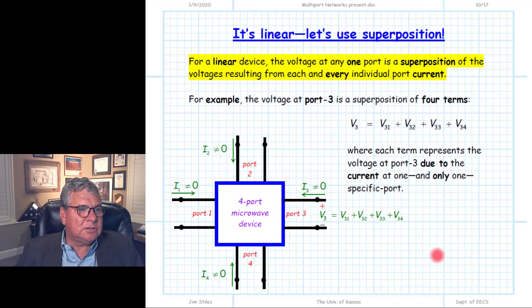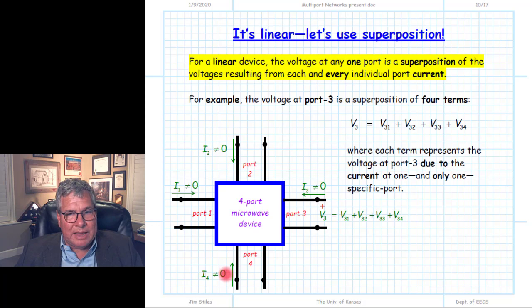So let's look at a case now where we have non-zero currents at every port of our 4-port device. What we're going to find, of course, is we have voltage, likewise, at every port. Complex numbers both in terms of current and voltage. Now, can I take the voltage at V3 and divide it by the non-zero current at port 4 and determine Z34?